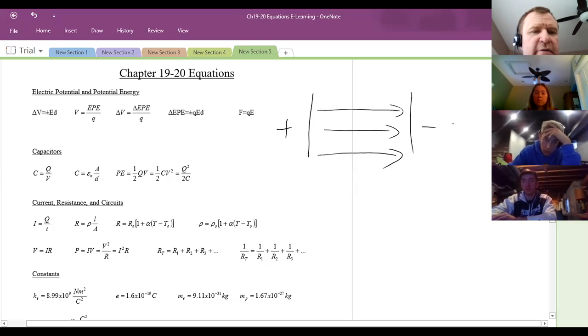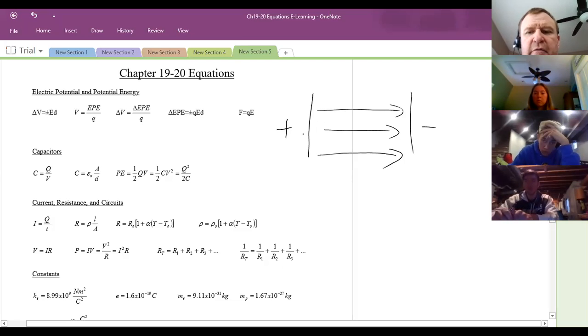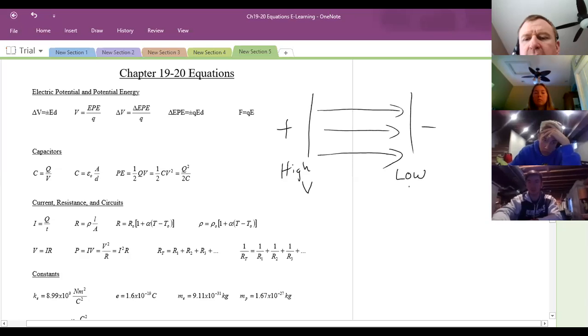Okay, so the first one is talking about the delta V. If you remember, that's the change in potential or potential difference. So this plate has a potential, this plate has a potential. The positive side is always the high potential, and the negative side is always the low potential.